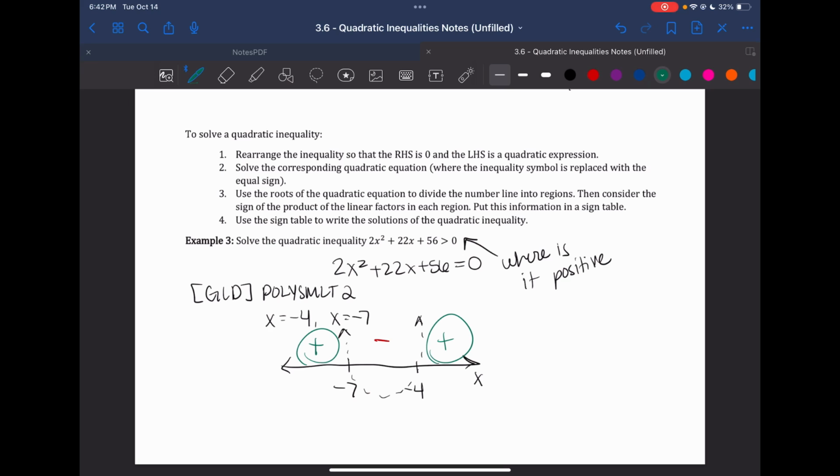Since I have a number line and it's starting at -7 and going everywhere to the left, I would say x is less than -7. But then on the other side, on the right-hand side, we see that it's going greater than -4. So x is greater than -4, and that is your final answer.